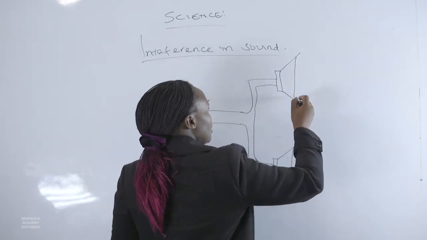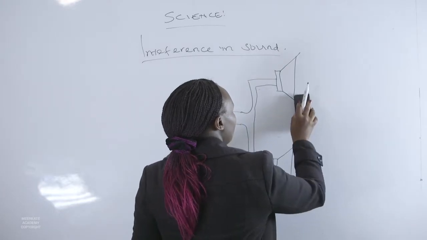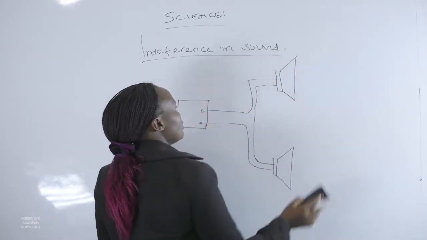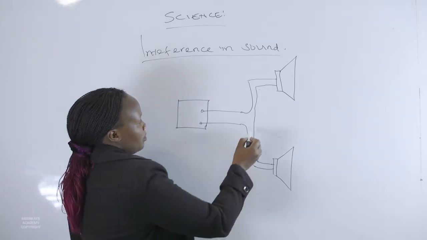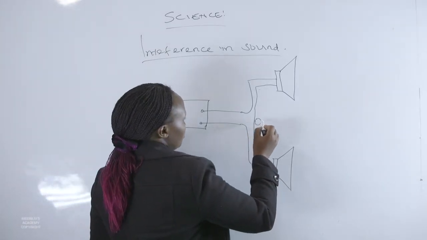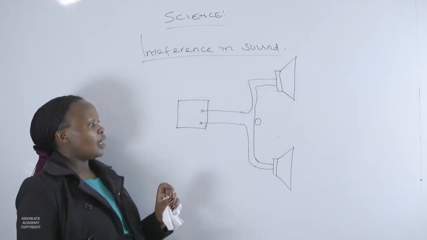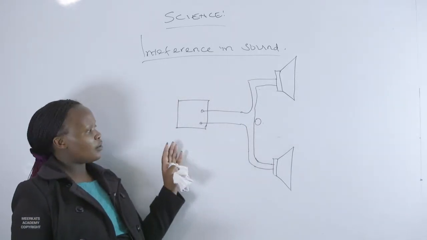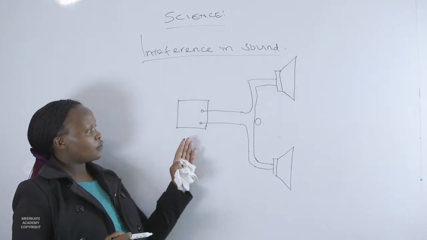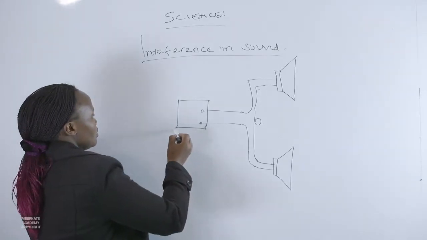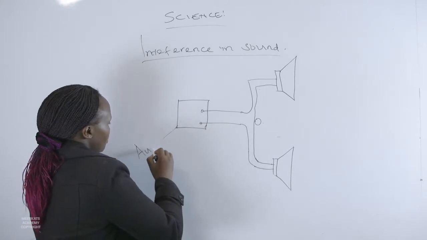Let us note that the speakers have to be of the same size. There you go. We have a point O at the middle, and we want to let our speakers be at equidistance from our audio frequency generator.